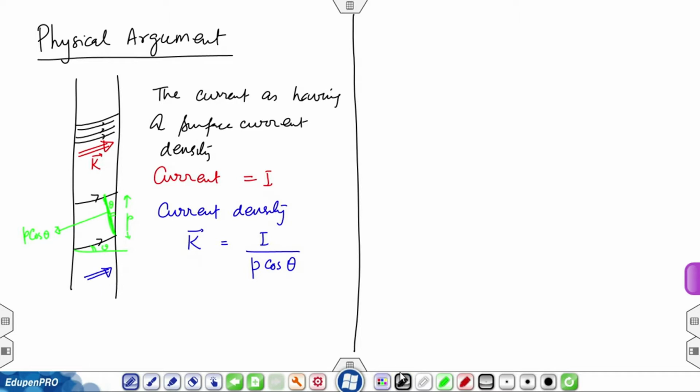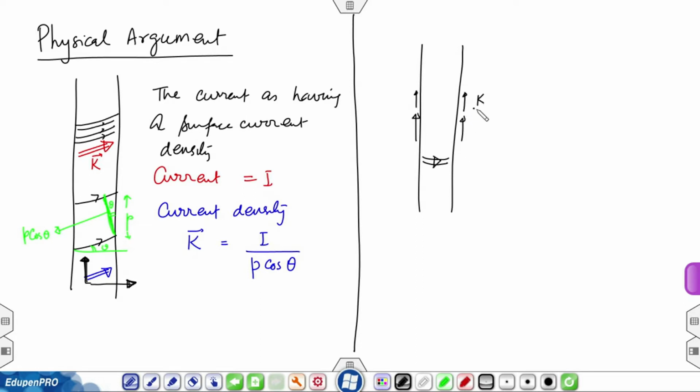Now, this current density has two components. This has a horizontal component and this has a vertical component. So, I can think of this solenoid as if there is a surface current K going like this, and there is a surface current going up.